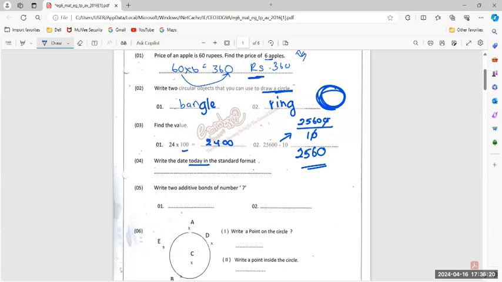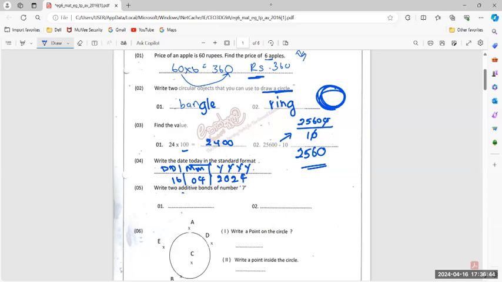The standard format of writing a date is DD MM YYYY, which means date, month, year. So the date is 16th, month is 4, year is 2024.